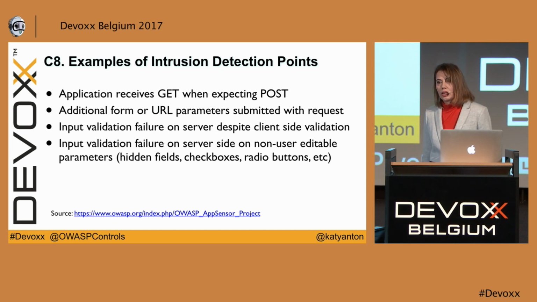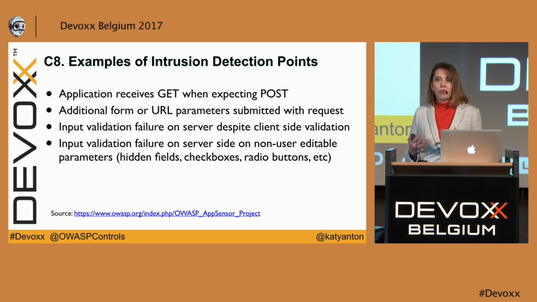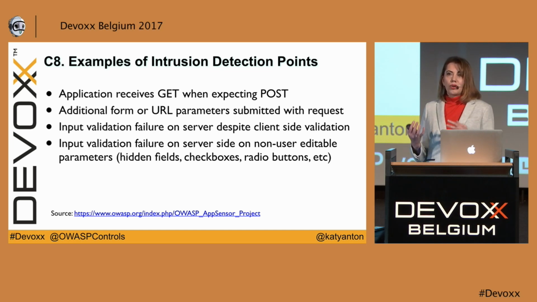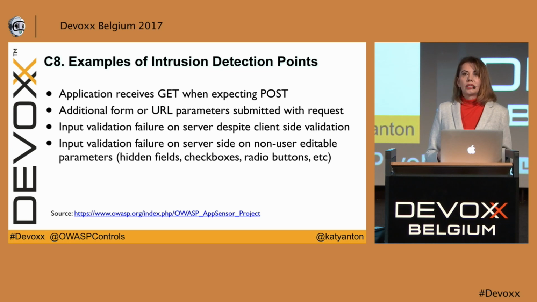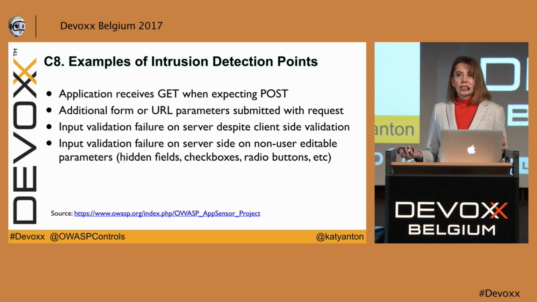So this is another good indication that somebody has tampered with a string, since it has left the browser until it has reached the server. So ideally, you take an action and decide what the software should do in this type of scenario. Or if the server-side validation fails for non-user editable fields, like, for example, hidden fields, checkboxes.